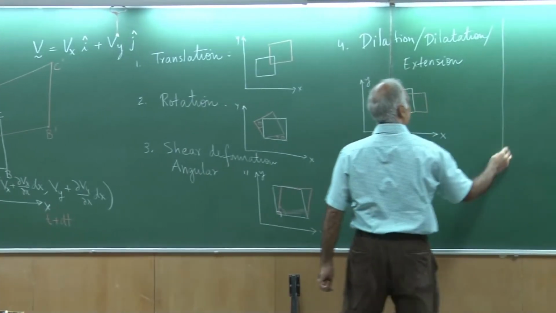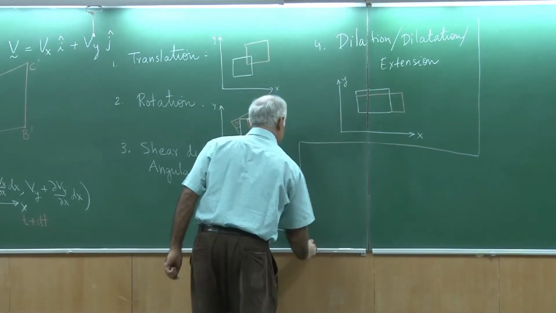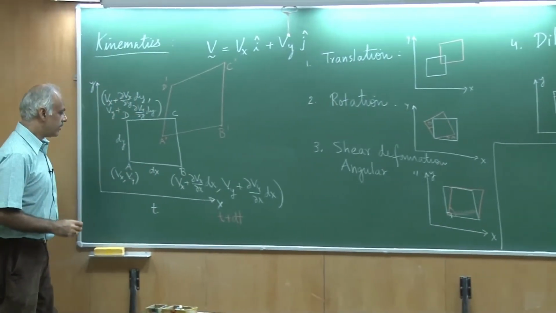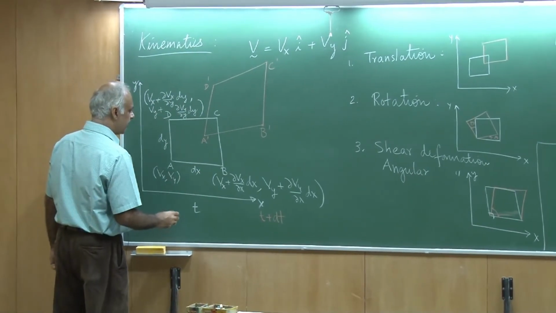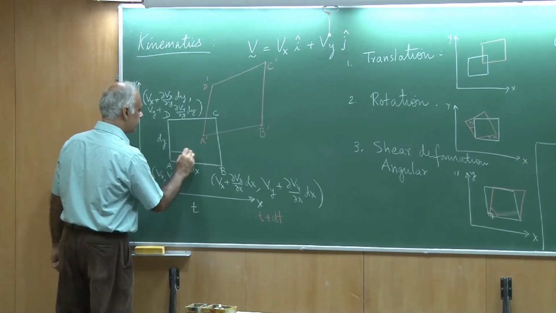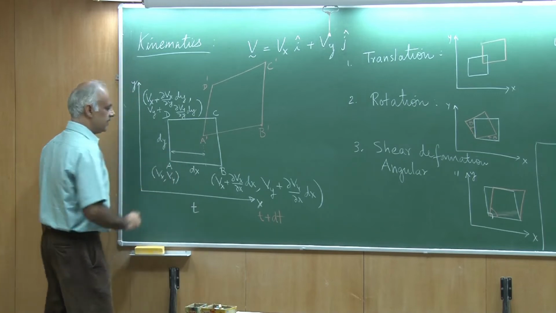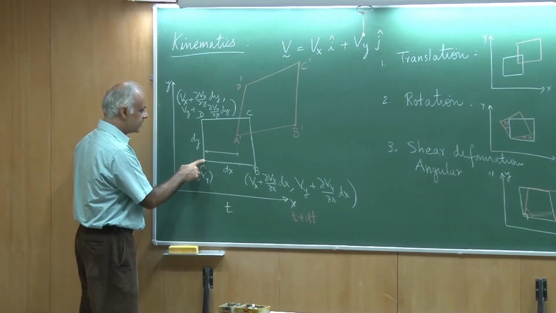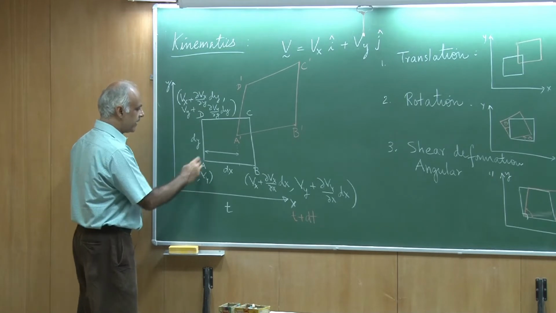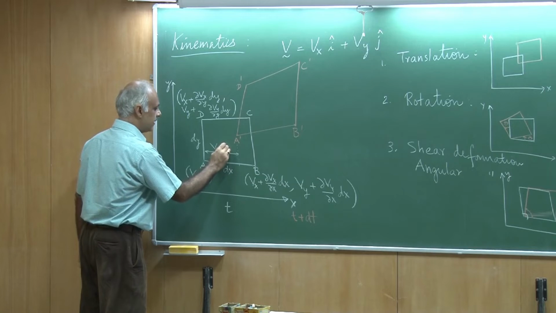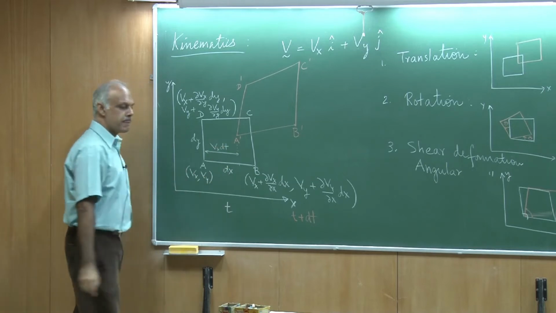Okay, so let us work out the arithmetic with respect to this element that I have drawn. So, let us do a little bit of marking here. If I wanted to calculate this distance, you will agree with me that the point A has travelled with a speed Vx, in time dt.